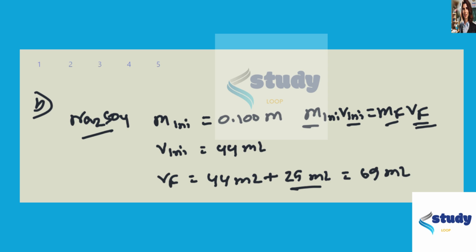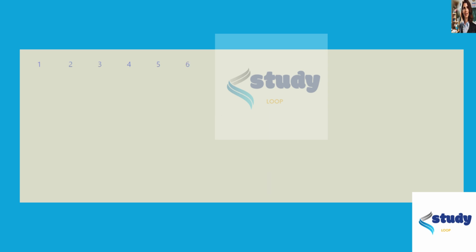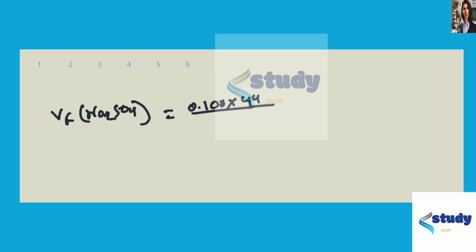So M final for Na2SO4 will be M initial, which is 0.1, times the V initial, which is 44, over the V final, which is 69.